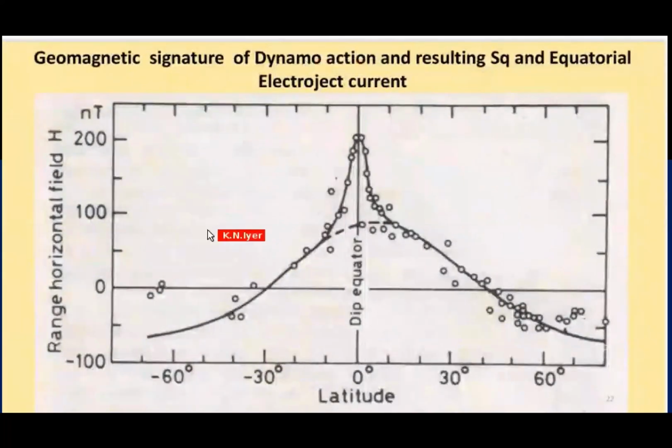That SQ current variation and the effect of the electrojet is represented in a different way. This is the increase during the course of the day, which is called the diurnal horizontal range, measured at different latitudes from the magnetic equator to plus or minus 60 degrees latitude.